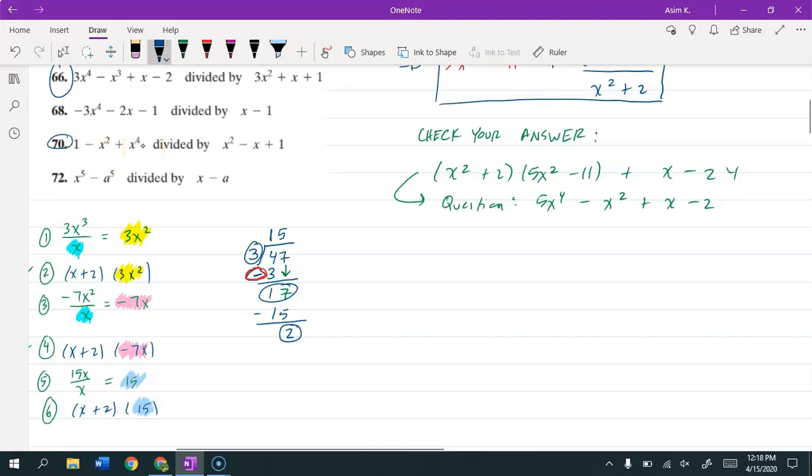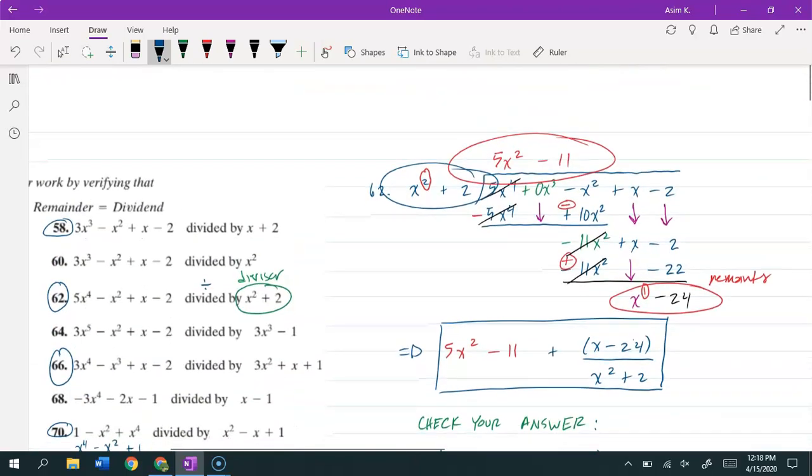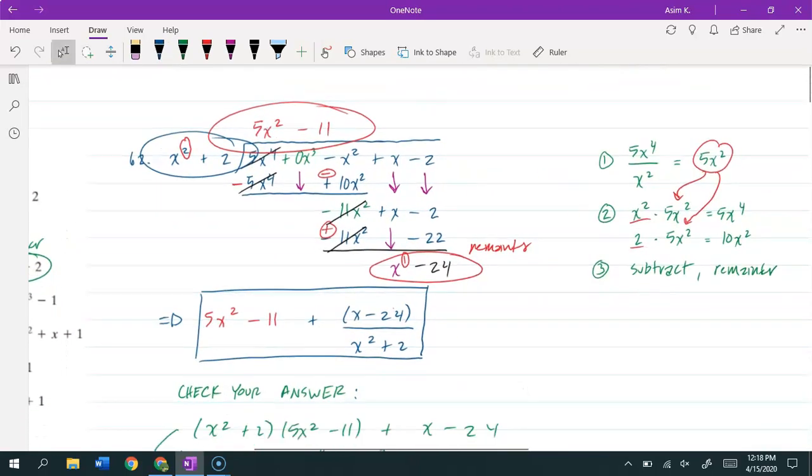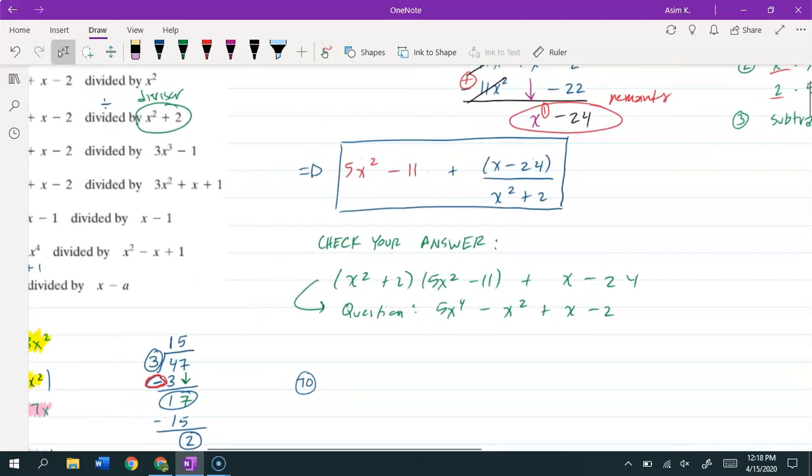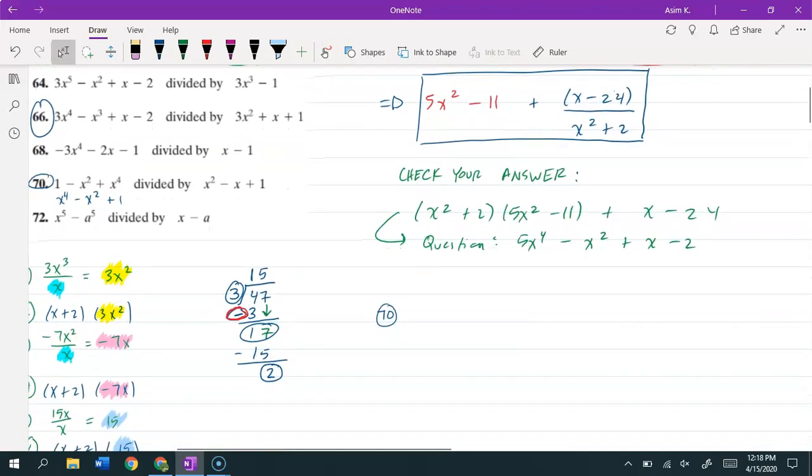Really what I'm trying to imply here is x to the power of 4 minus x squared plus 1 would make a lot more sense, right? Well, let's go ahead and try number 70. You've gotten 2 examples, so it should be really more of the same.